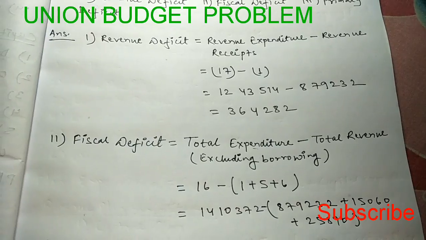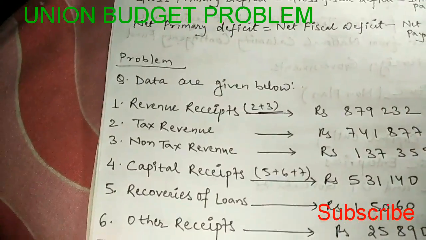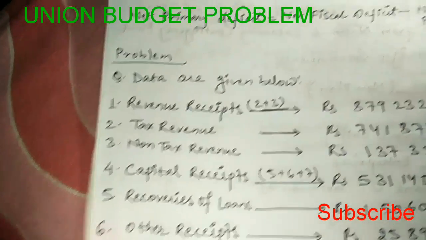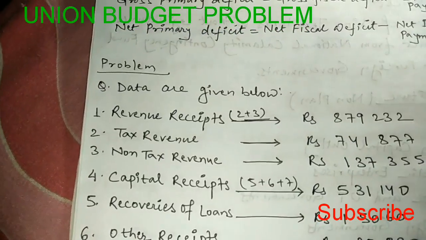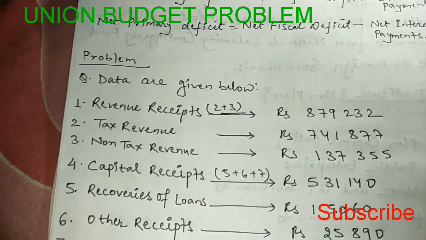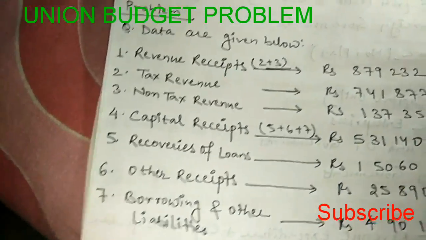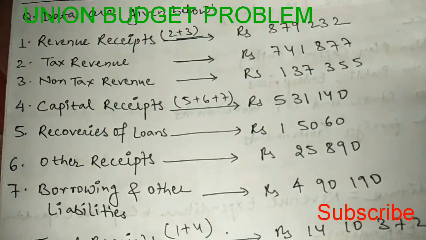Total revenue is calculated from, you see the data, the revenue receipt. Tax and non-tax will be added one time, and when 1, 2 and 3 are added, you get revenue receipt. After revenue receipt, you have to calculate total revenue. The capital receipt is also a receipt.